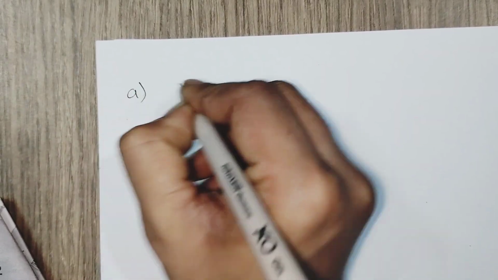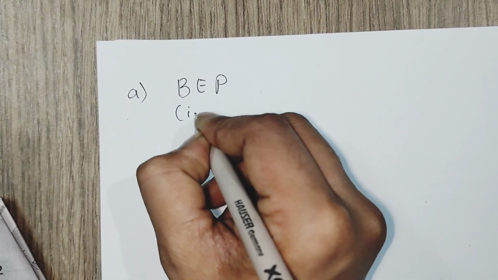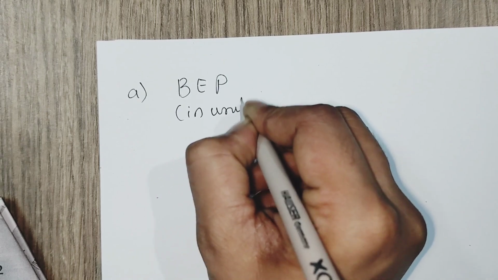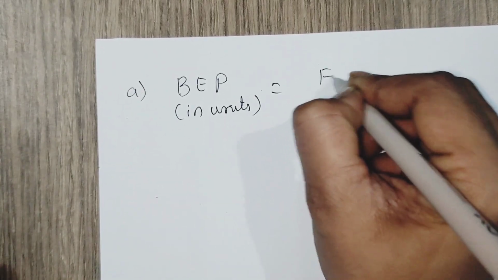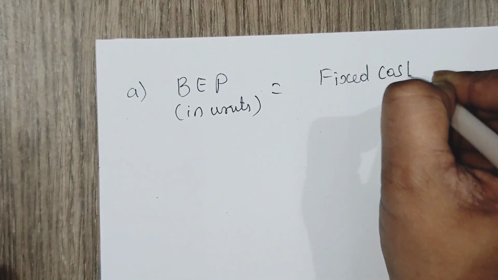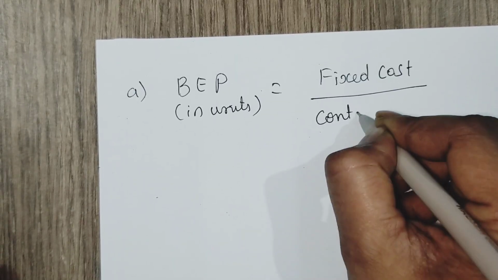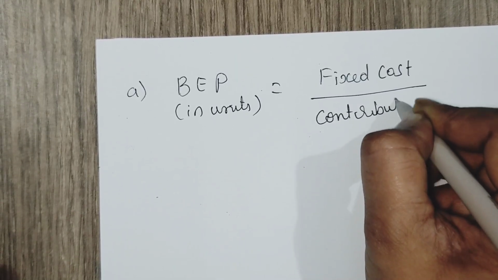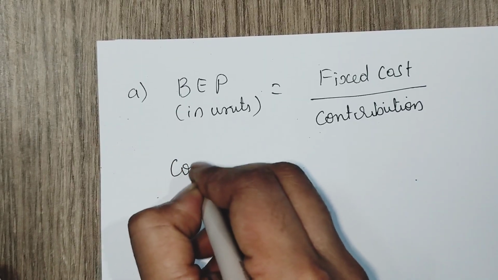The formula for BEP in units is fixed cost divided by contribution. What is the formula to find out contribution?